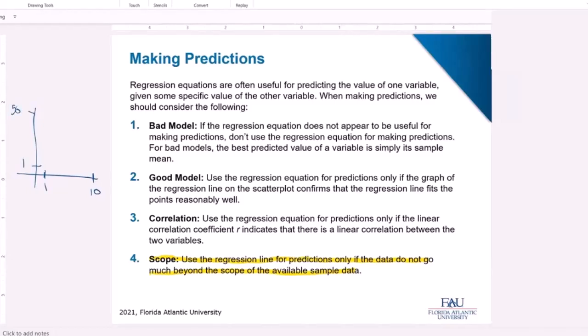If I pick for X a value of 100, that's considerably far outside the scope of my regression line. I don't have any data for X equals 100. Something else could be happening as X gets bigger. We have to be very careful using this line to make predictions very far from where the data is.